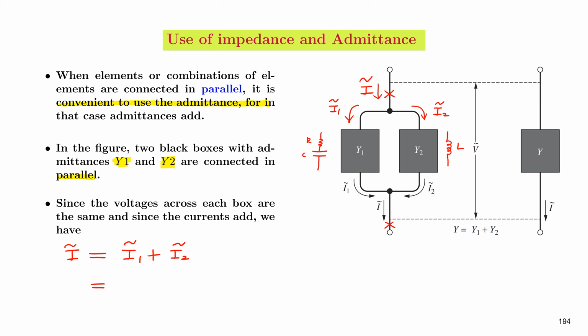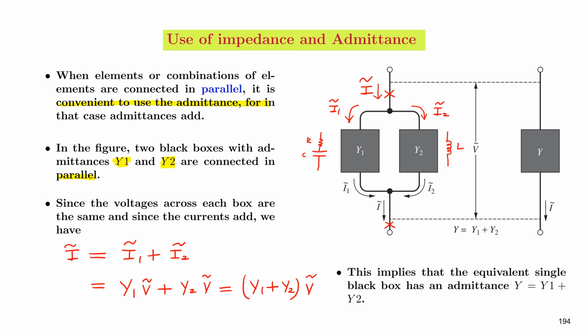In terms of the admittance, we can write Y1 V complex plus Y2 V complex, because the two boxes are at the same potential V, and therefore this is equal to Y1 plus Y2 times V. This implies that the equivalent single box has an admittance Y equal to Y1 plus Y2.